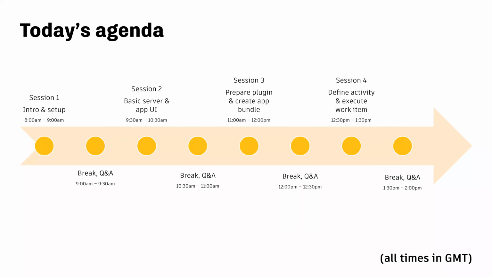In this session, we will not be going into detail of how to prepare a plugin, but we'll be using a ready-made plugin that's available on our website. On session 4, we will be creating an activity and we will be executing a work item to run that activity. And after that, we'll have a break and end of the day. All these times are in GMT.